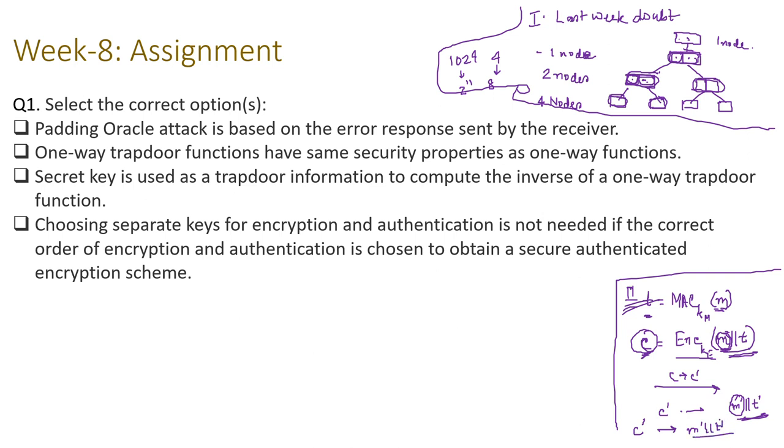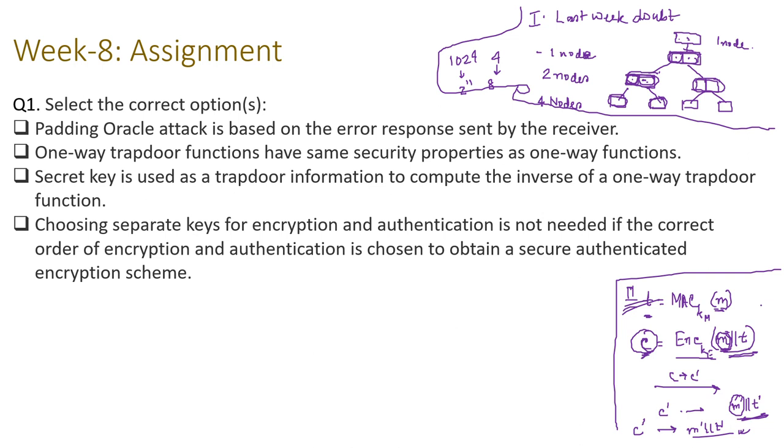Now the next part, whether T dash is a valid tag for M dash or not, is not your concern right now, because the ciphertext integrity game will try to come up with a ciphertext C dash which is a valid ciphertext of some M dash T dash, unseen by the adversary previously.